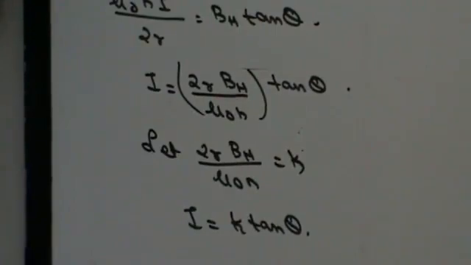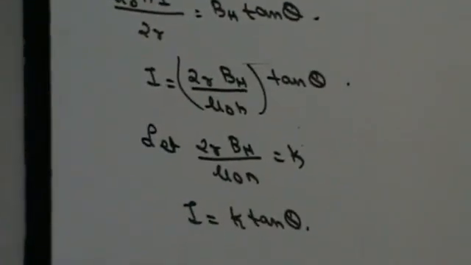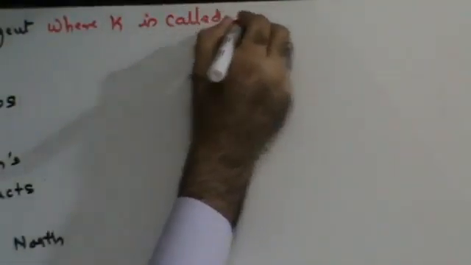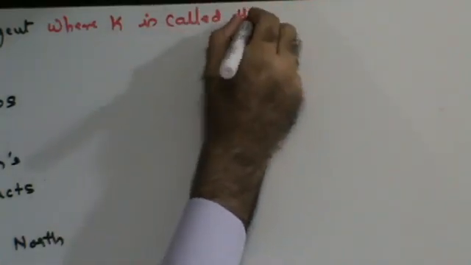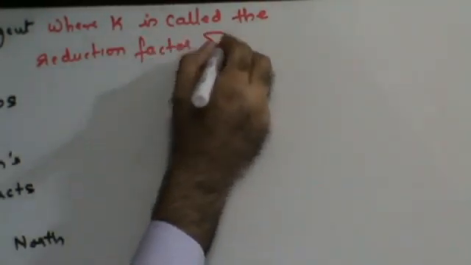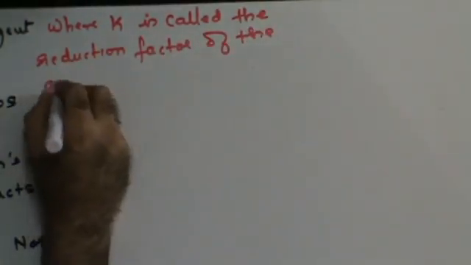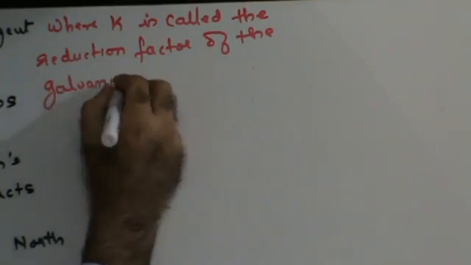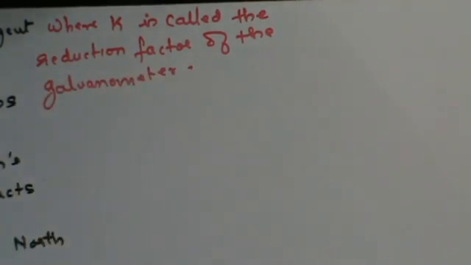Now K is a constant, called the reduction factor of the galvanometer, right?